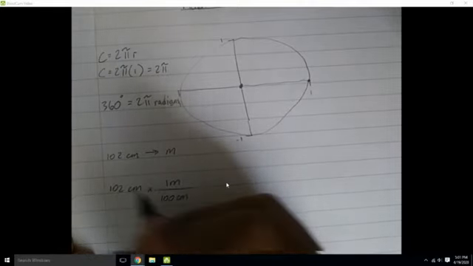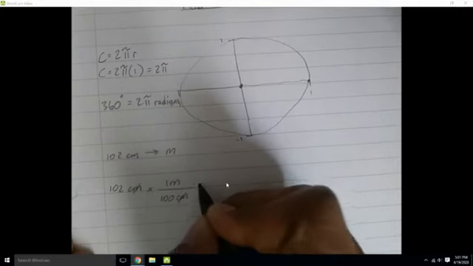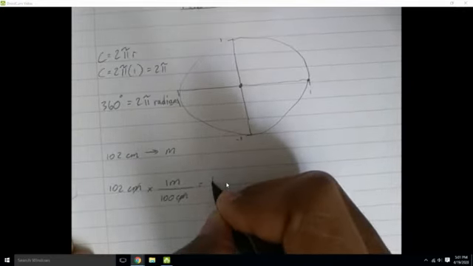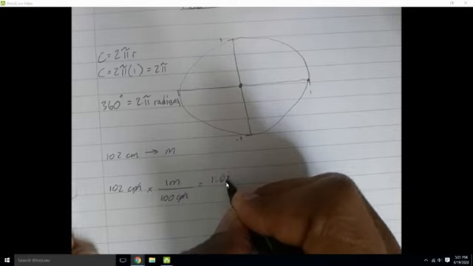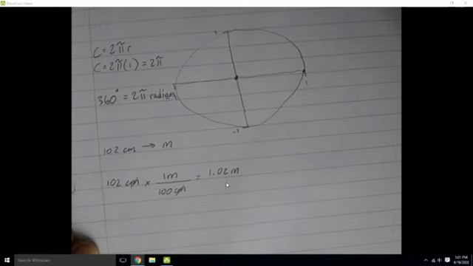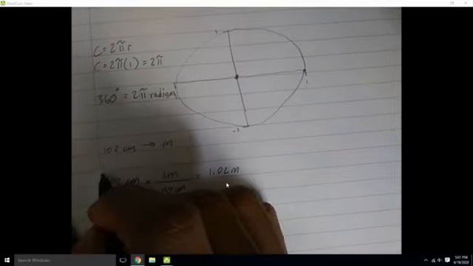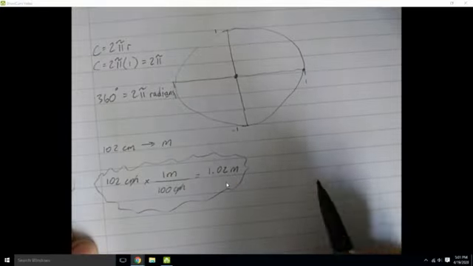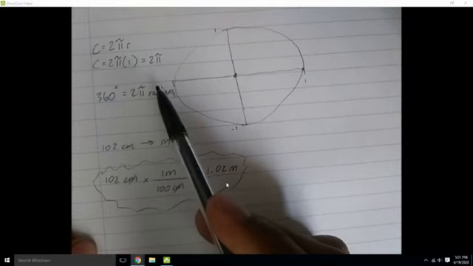So we would end up dividing these two. Centimeters cancel centimeters, and we would end up with 1.02 meters. Okay? In the same way, we're going to use that idea to set up a conversion factor. Okay?